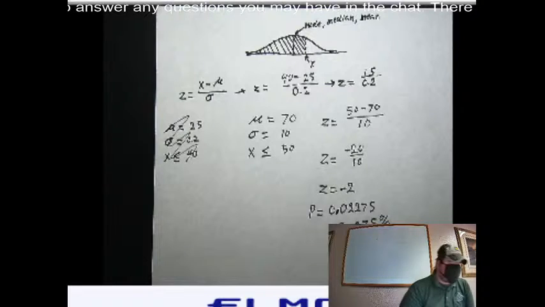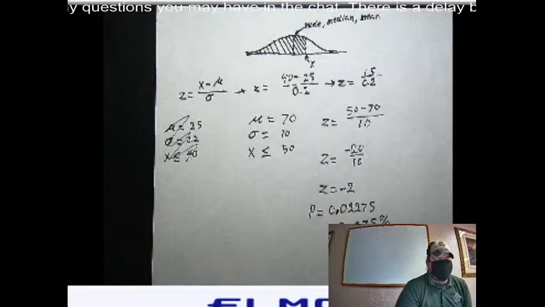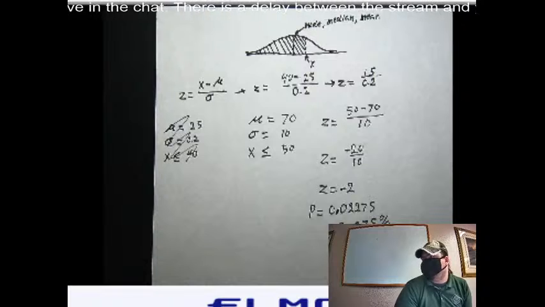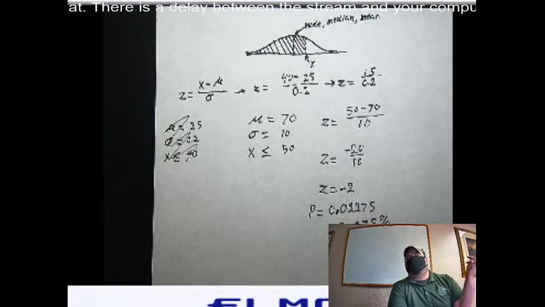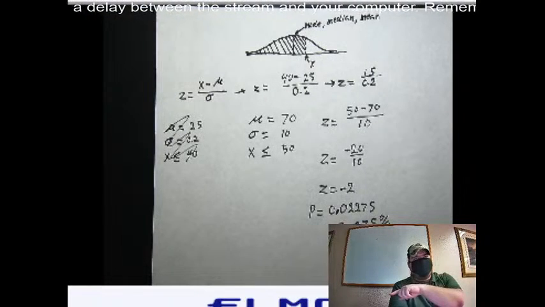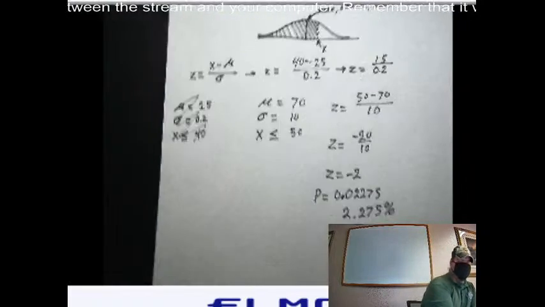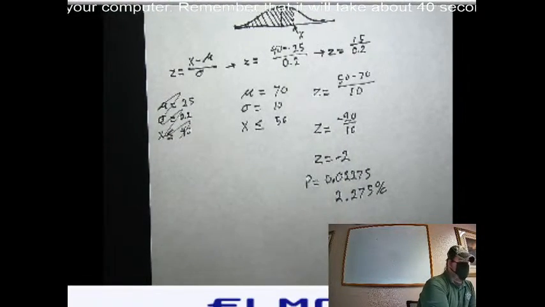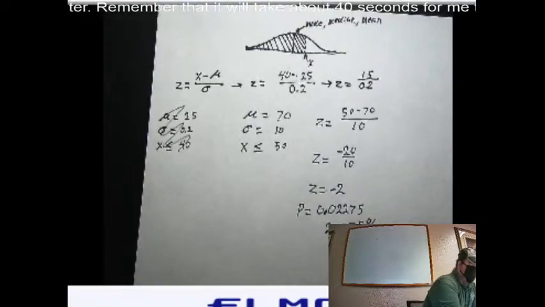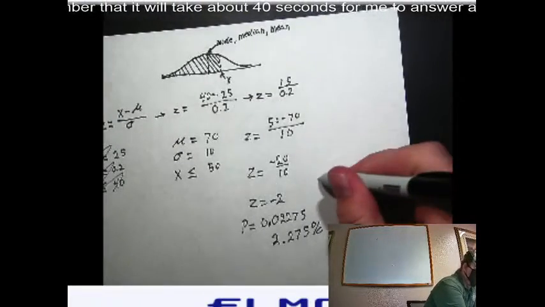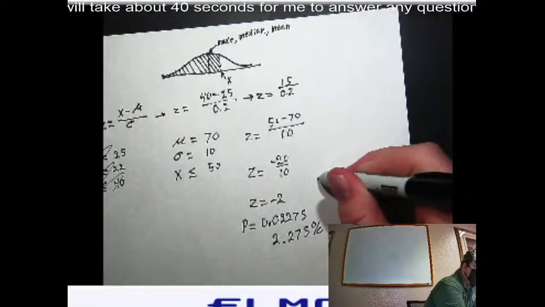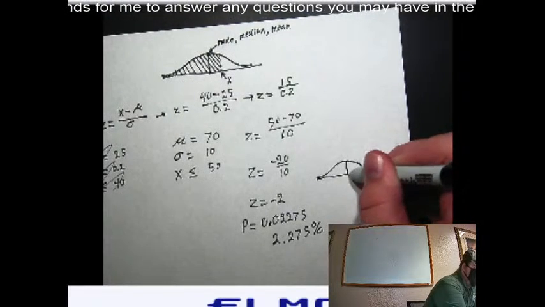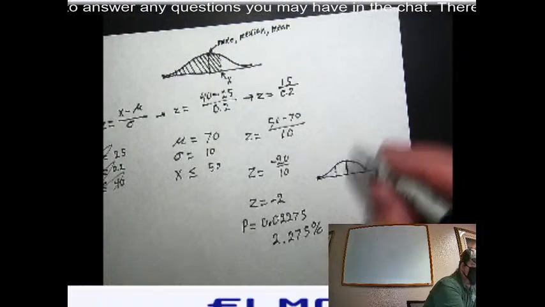So, the other thing that we said that we could do is not just calculate lower than a particular x value. We can also calculate what percent is above that. So let's go ahead and do that here. What we just calculated is something like this.